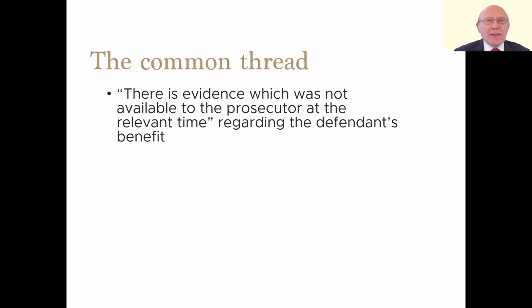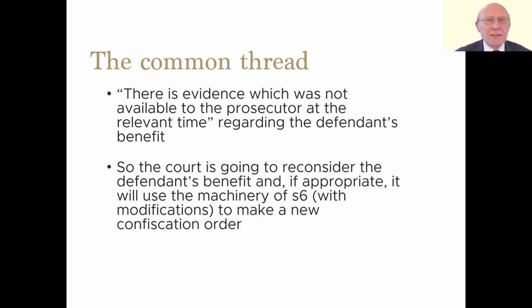Okay, so common thread. The common thread here is that there is evidence which was not available to the prosecutor at the relevant time regarding the defendant's benefit. So what the court is going to do is to reconsider the defendant's benefit.